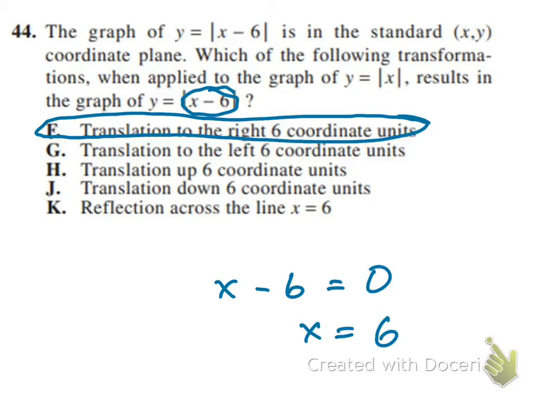X is positive 6 means we move 6 to the right on the x-axis. Okay, so if they gave us something like the absolute value of x plus 2, if we find the new 0, x plus 2 equals 0 means x would be left 2, right? Okay, just find a new 0.